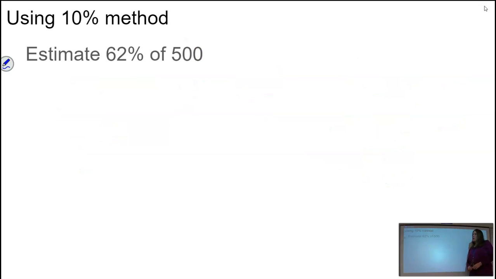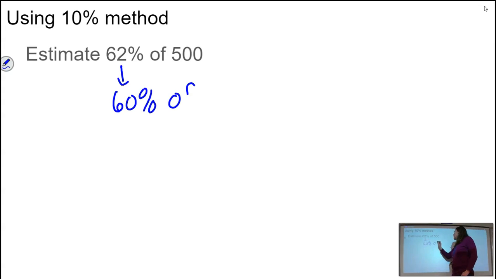So now we're going to do the same problem but using the 10% method. The best thing to do is go ahead and estimate 62%. So that is 60%. So we need to find 60% of 500. Now, if we find 10% of 500, then all we need to find 60% is to multiply that by 6.